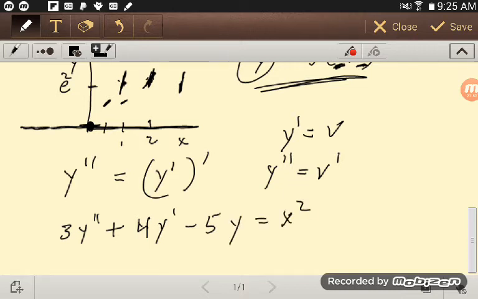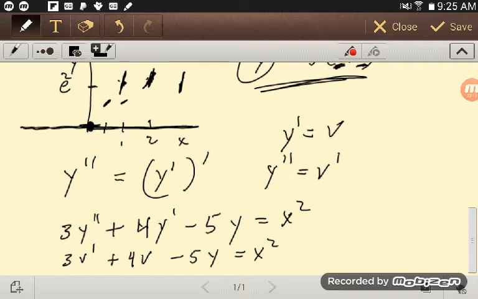Well, that's 3v prime plus 4v. Now, there's nothing I can do with that y, so that's minus 5y equals x squared. But you see, I've just done an algebraic substitution, and there you go.